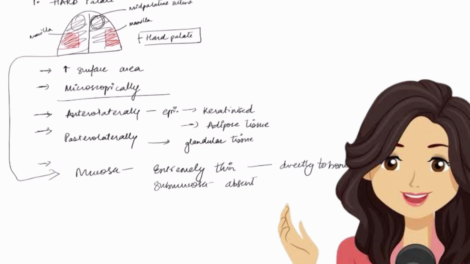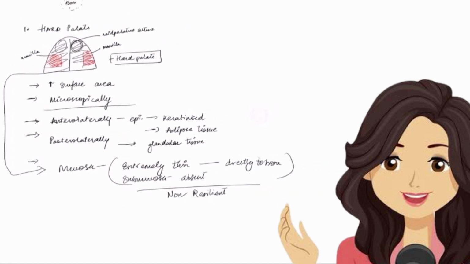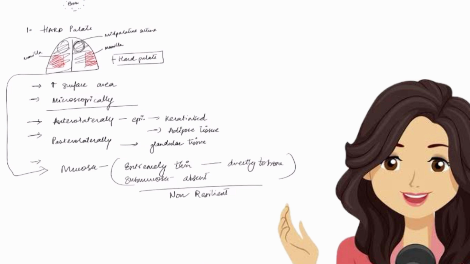So it is a direct connection to the bone. Submucosa is almost absent. Basically, we can define it in one word: it is a non-resilient area. Non-resilient means something that does not withstand or absorb forces, right? So it is quite a non-resilient area which is present in the hard palate.